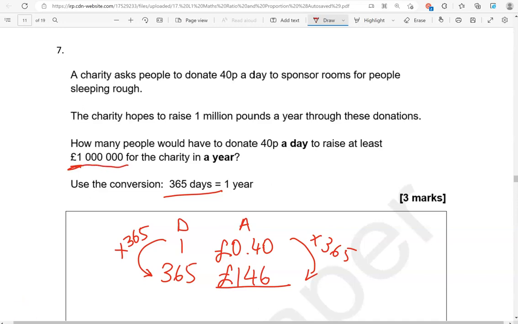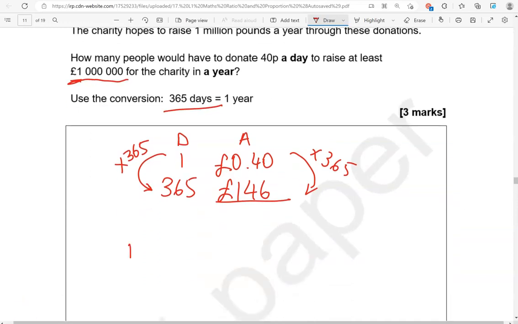They need to raise £1 million a year. So if we do 1 million divided by £146, it will give us how many people need to donate.